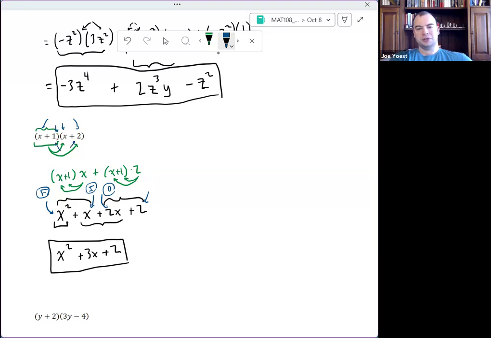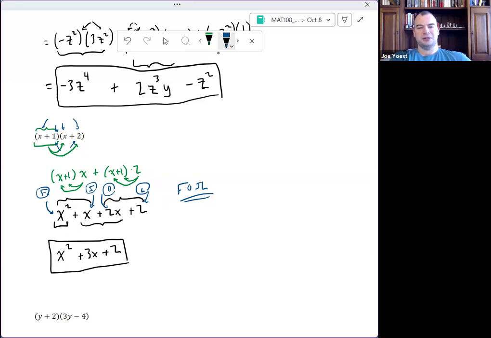And 1 times 2 or 2, I get those by multiplying the lasts. My things are a little bit out of order here, but this is called the FOIL method, first, outer, inner, last. So we get x squared plus 2x plus x plus 2 if we follow the FOIL strategy.